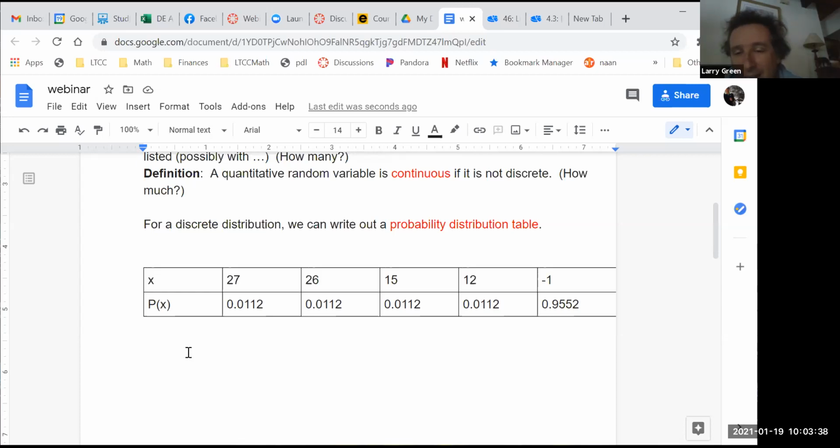I will never give you a question on homework or on your assignments or on your exam where you have to compute a probability distribution table that has an infinite number of possibilities. So don't worry about it. Sound good? But I could give you one that has 5 different possibilities. I think that's fair. Any questions at all on this?